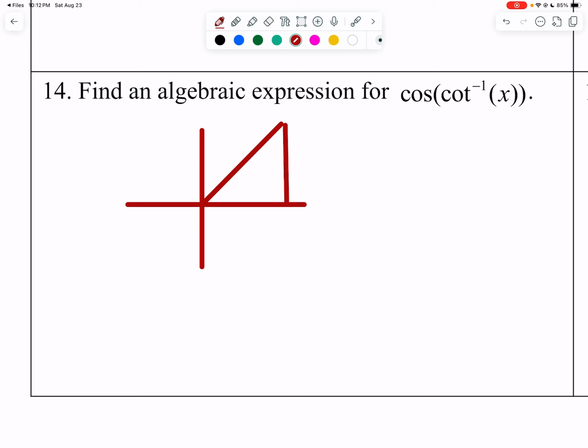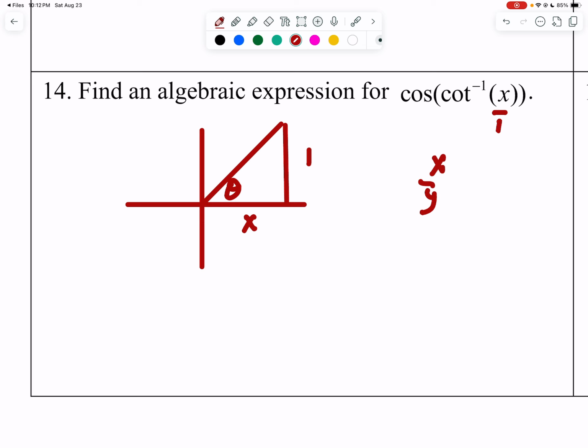Tangent is x over y. So adjacent over opposite. What I'm going to do here is rewrite x so that it looks like a fraction, so that I have x over 1. That way I know what my x value is, which is x, and I know what my y value is, which is 1.